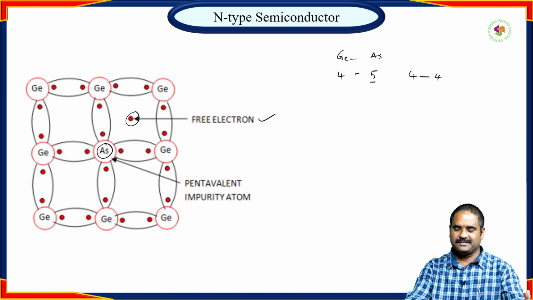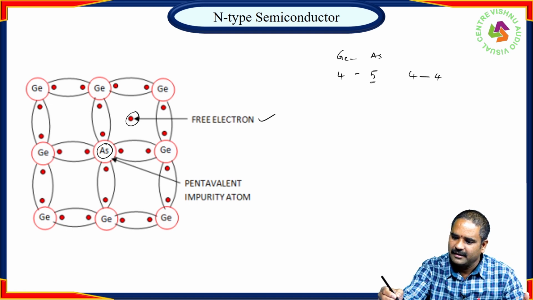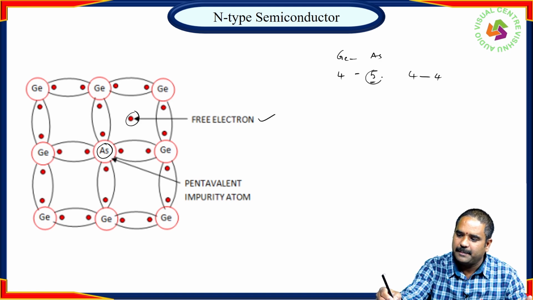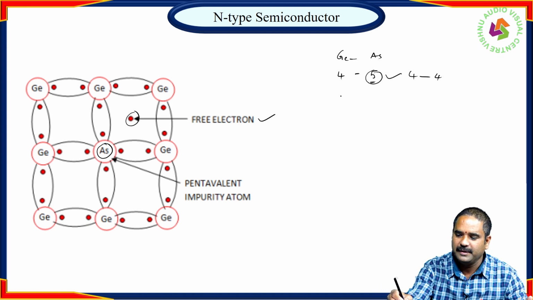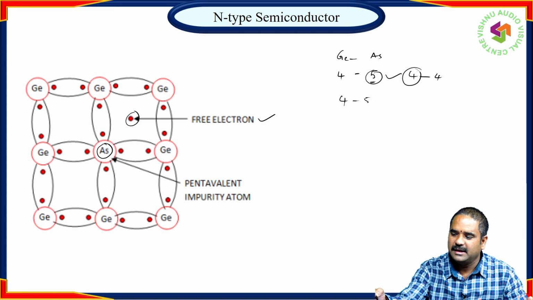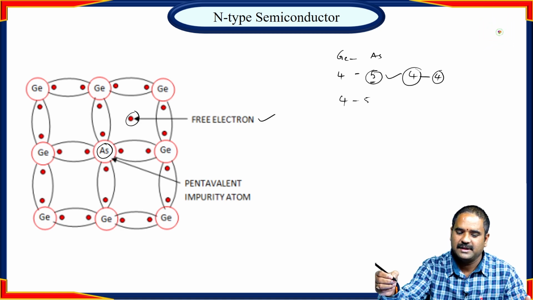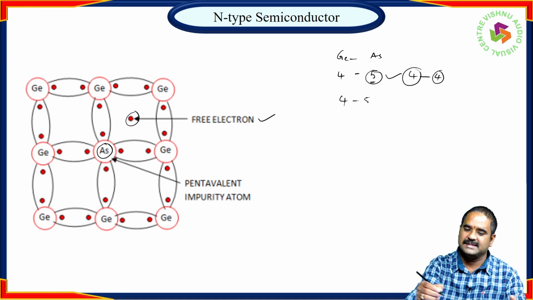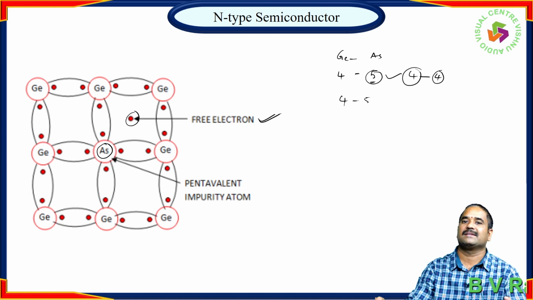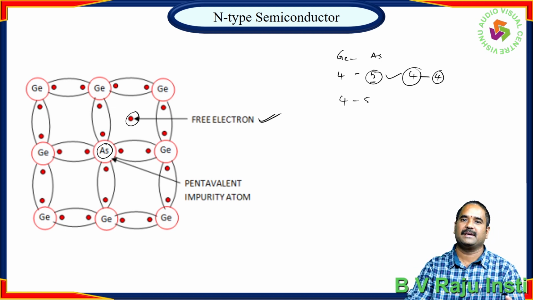We are doping a tetravalent element with a pentavalent impurity atom. Penta means 5. So four germanium atoms form four covalent bonds with the neighboring arsenic atom, and there is an excess of electron, a free electron.